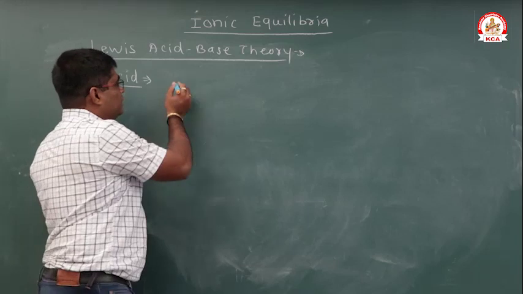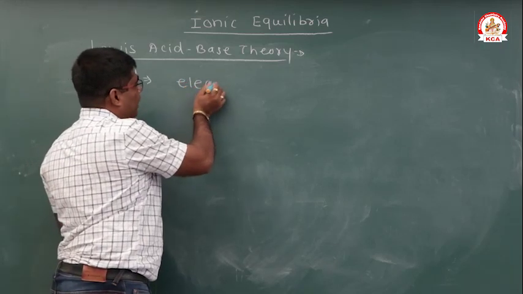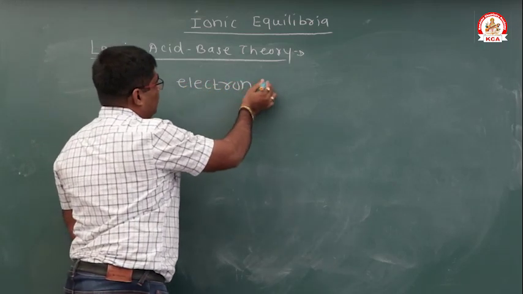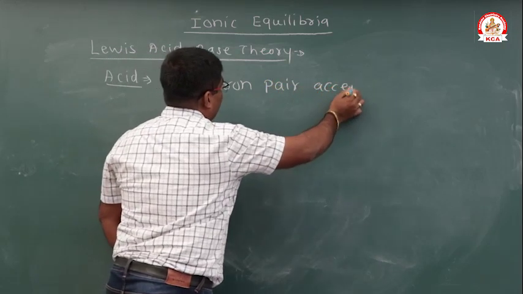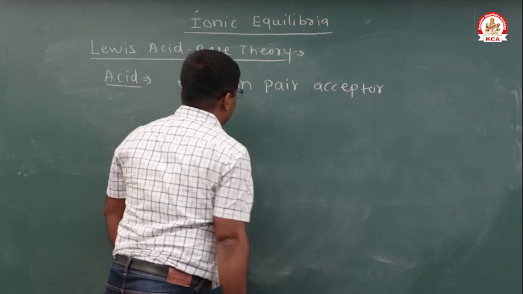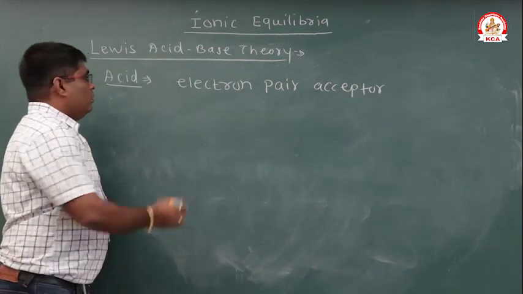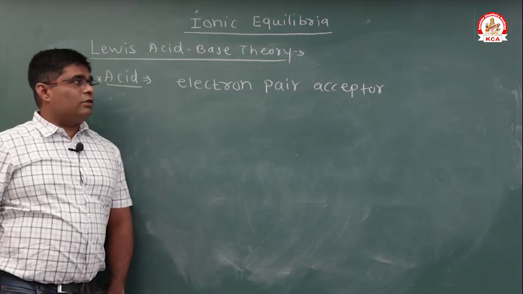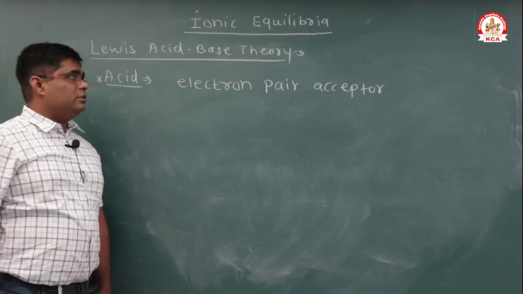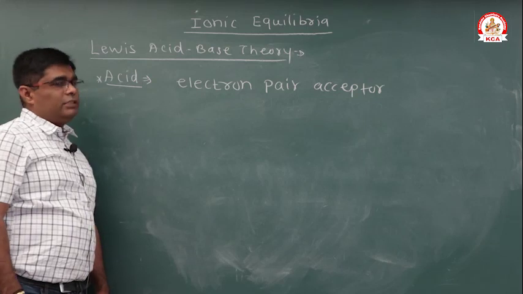So a Lewis acid is an electron pair acceptor.